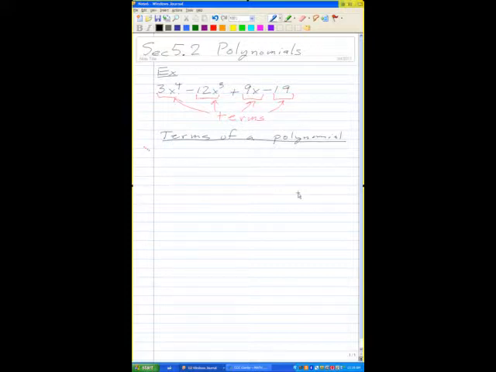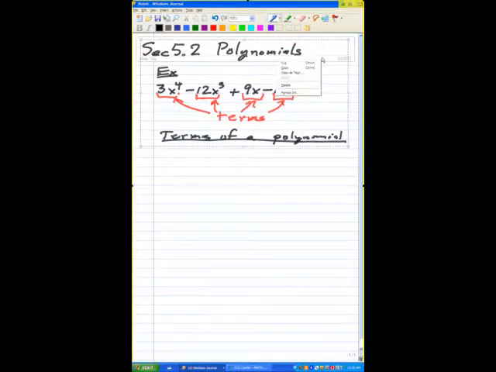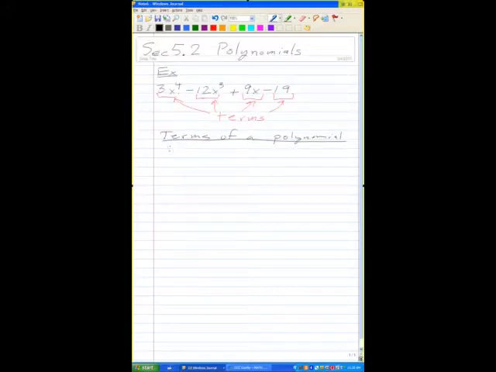See if I can do this. Maybe it won't. I didn't make this one thicker, but maybe the other one's thicker. Okay, forget that. Hopefully now I'll make it bigger.